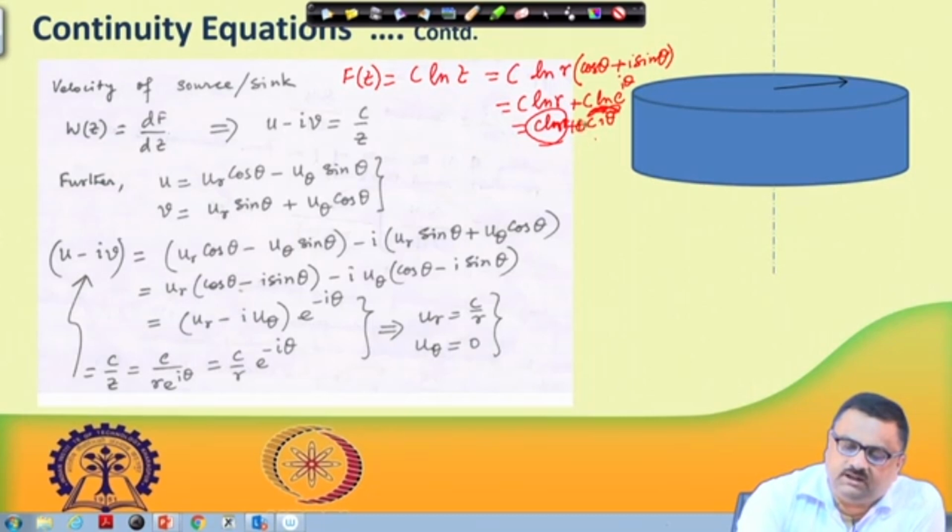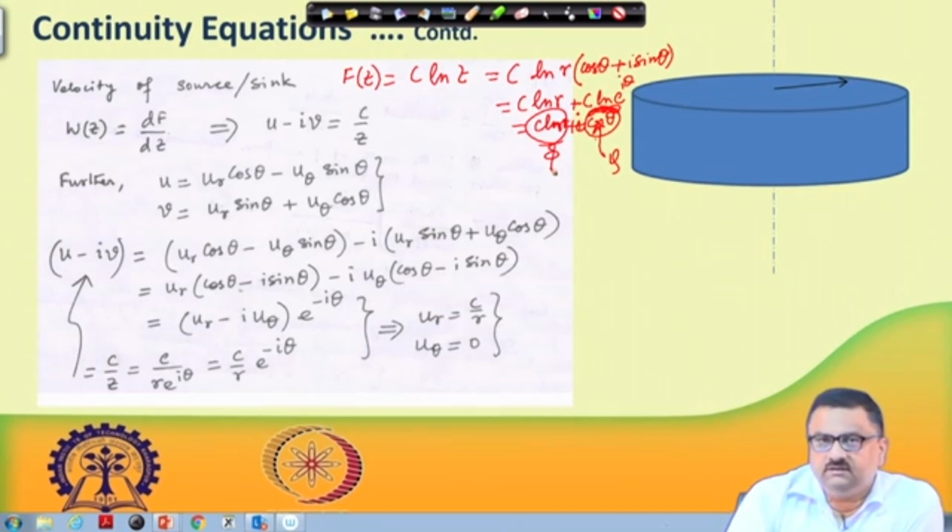So, this should be plus i C theta. So, C theta would be the imaginary component. So, if we write this as phi plus i psi, then this becomes psi and this becomes phi, the potential function, and we had worked with these phi and psi.